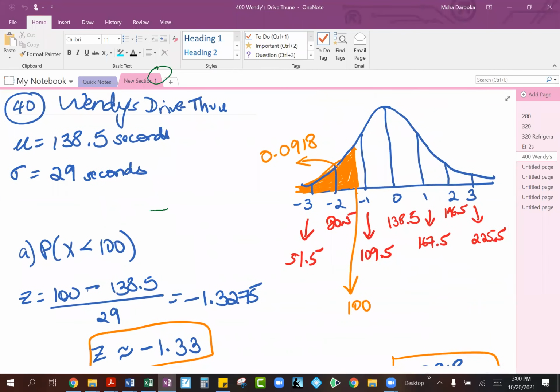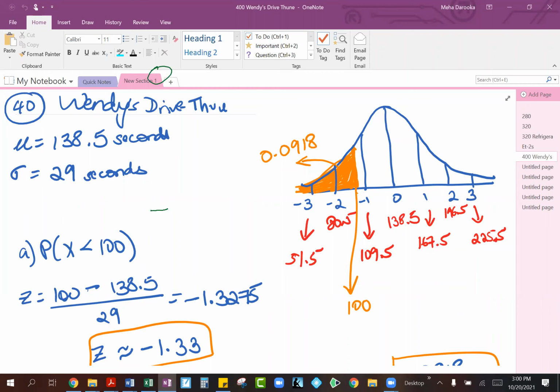They're giving us the mean, which is 138.5 seconds, with a standard deviation of 29 seconds. Using that, we created our little bell curve over here on the right, with the standard normal distribution values, with the mean at 0, and then 1, 2, and 3 standard deviations above and below the mean. Then using the specific values for mean and standard deviation, we calculated what those numbers would look like exactly in this example.